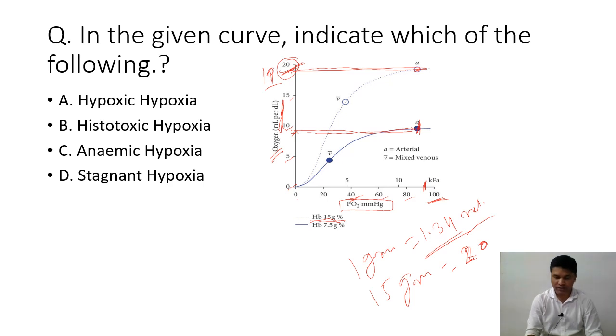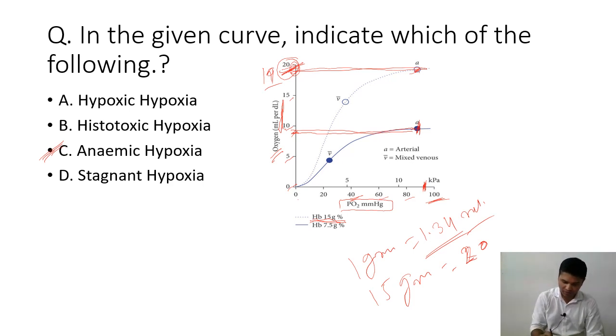It means this is clearly indicating that this is the anemic type of hypoxia. So the answer will be anemic hypoxia. Why? Because in this normal graph, hemoglobin is 15 gram per deciliter, around 15, and at 15 gram, hemoglobin carries around 19 or 20 ml oxygen.